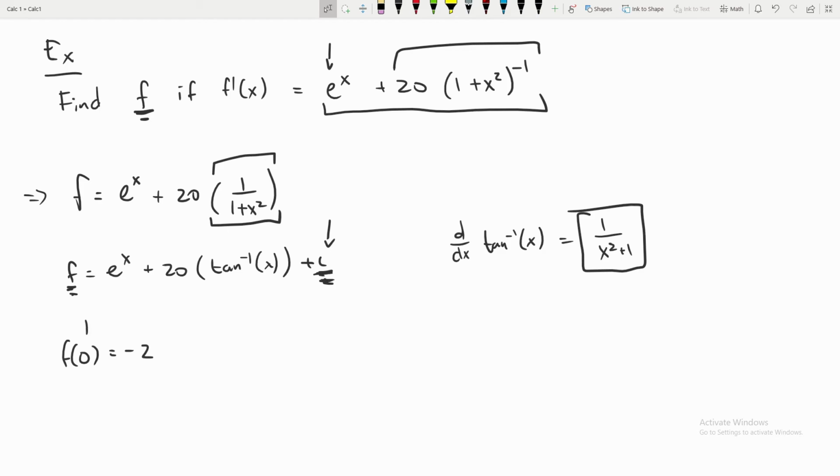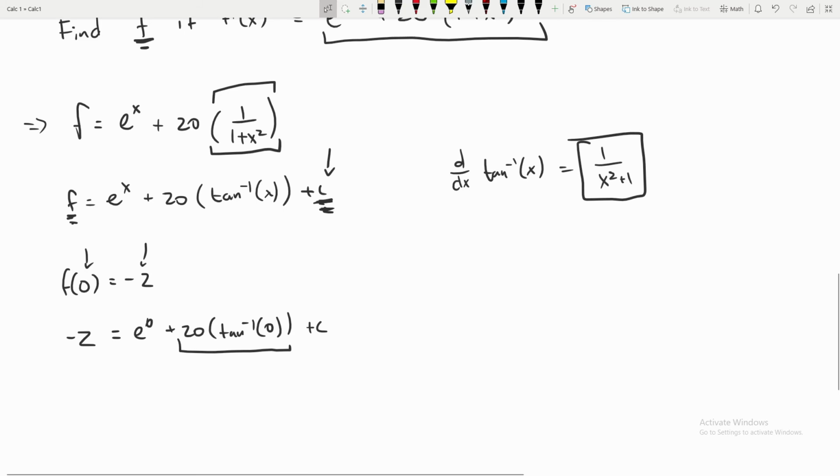We would plug in 0 everywhere, and then the output should be minus 2. So minus 2 is equal to e to the 0 plus 20 times tan minus 1 of 0 plus c. Now this right here is going to evaluate to 0, and this right here is going to evaluate to 1. So we're left with minus 2 equals 1 plus c, and so c equals minus 3.